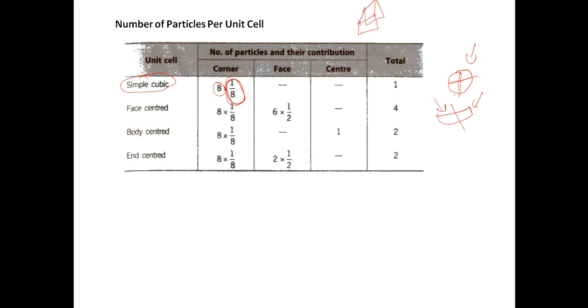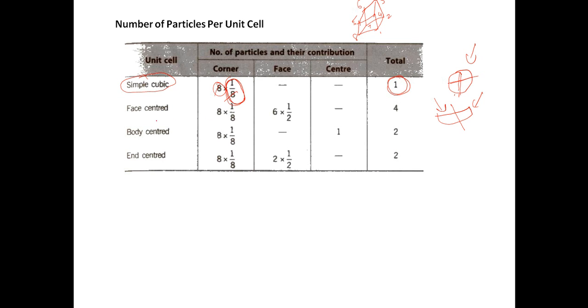You can easily find 1, 2, 3, 4, 5, 6, 7 and 8. There are 8 corners, and each corner contributes 1/8 part to a simple unit cell. So 8 times 1/8, and we obtain the total number of atoms present in the simple unit cell as 1.